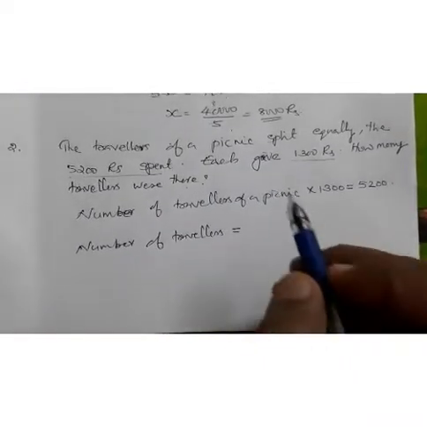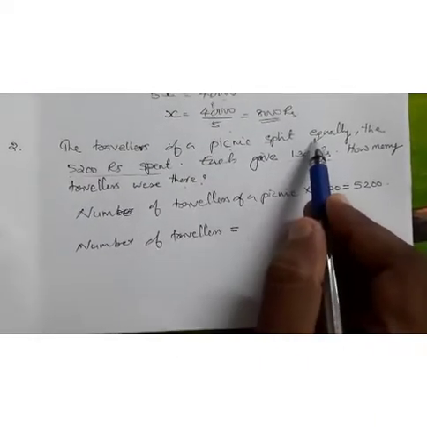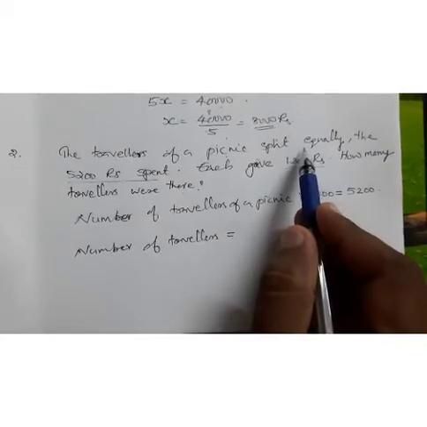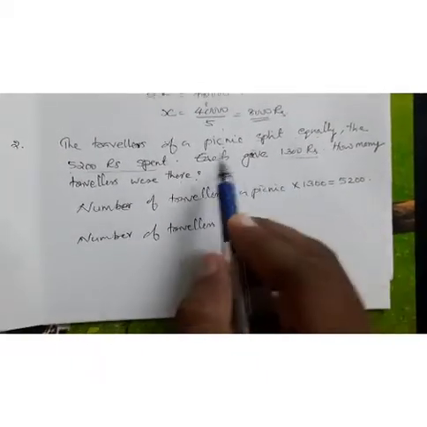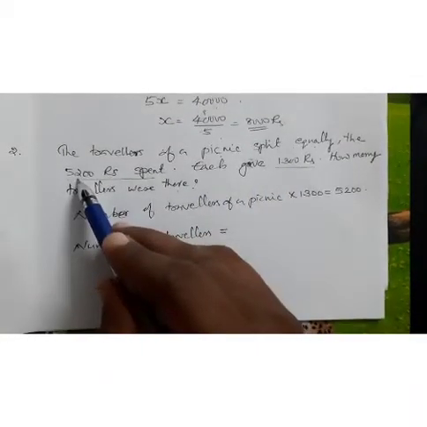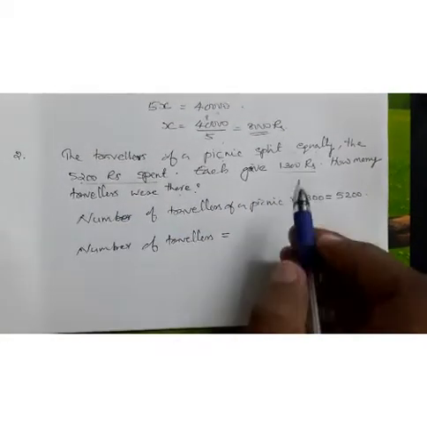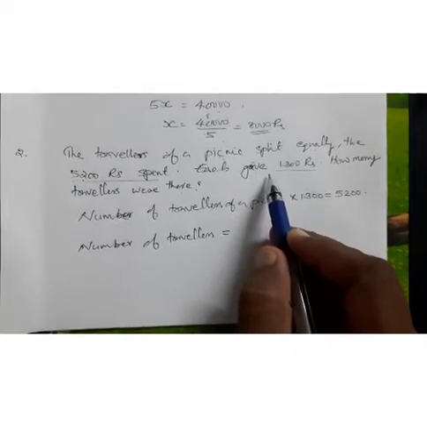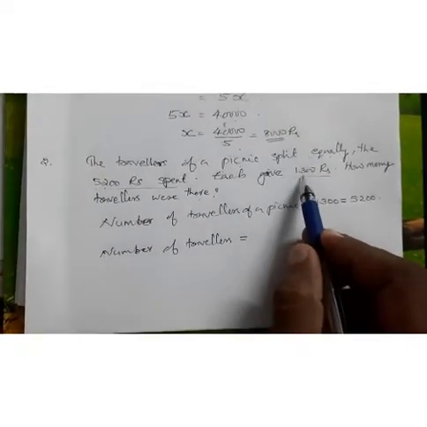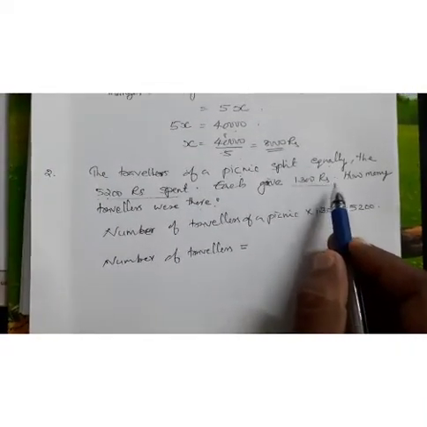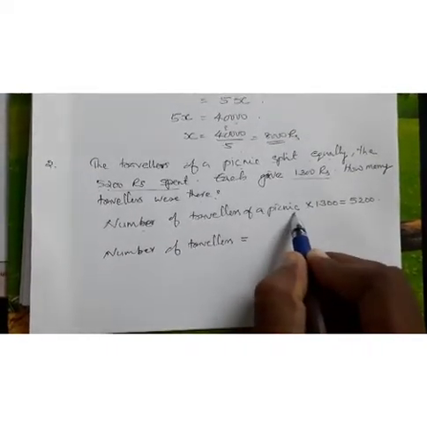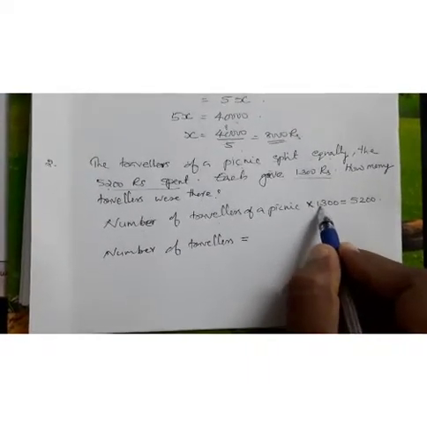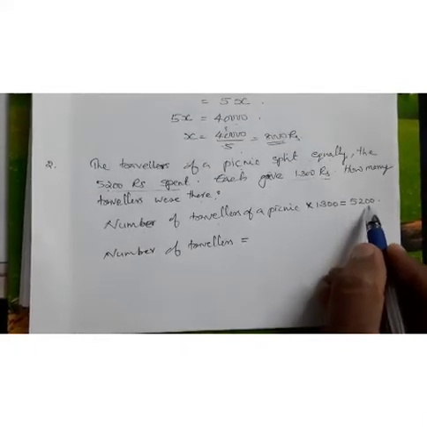Again, the total expense of the picnic is split equally, meaning equally divided, and the total expense given is 5,200. Each gave 1,300 rupees. So the number of travelers multiplied by 1,300 is equal to 5,200.